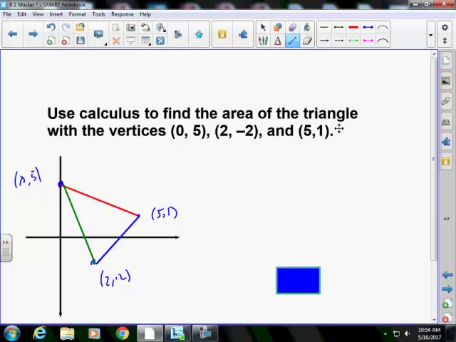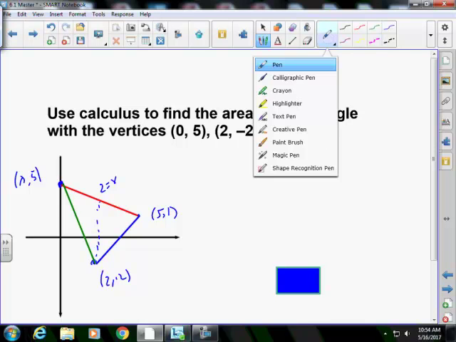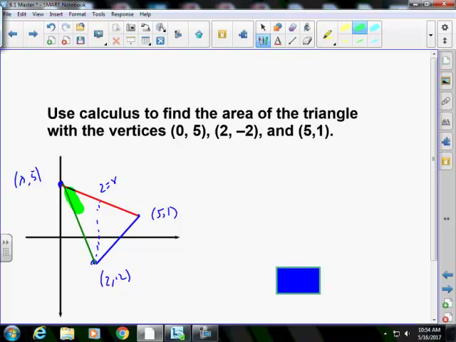So the trick at this point is, first of all, if I pay attention, I know a couple things. This point here is an x value. So I'm going to find the area between the lines from here to here, and I'm going to find the area between the lines from here to here.